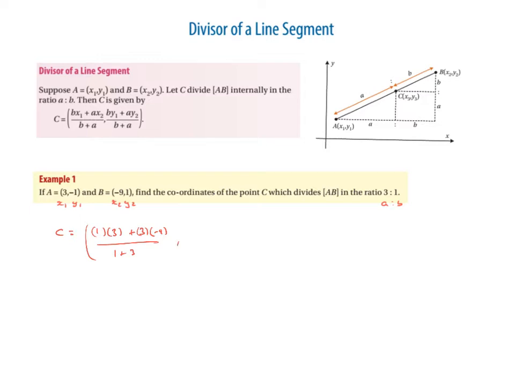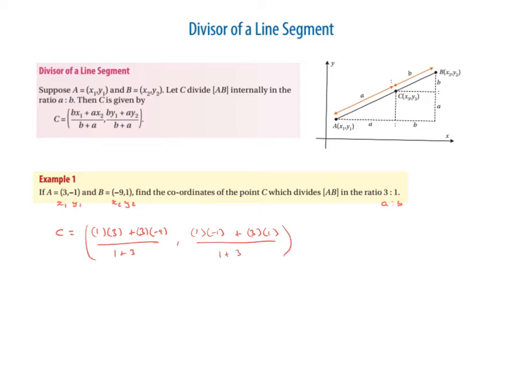My y coordinate is going to be B, which is 1, times y1, which is minus 1, plus A, which is 3, times y2, which is 1, all over again B plus A, which is 1 plus 3.